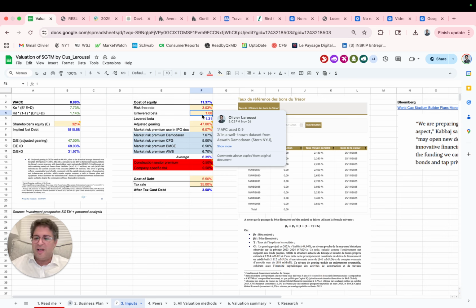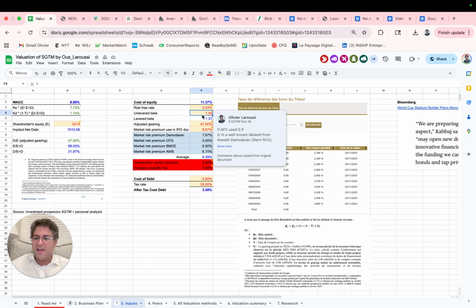As other inputs that I saw, the prospectus mentions that projected gearing in 2025 stands at 44.94%. And they say that this is close to the historical average observed over the 2023-2024 period, which is 47.02%.